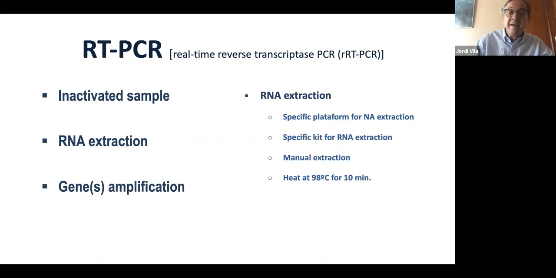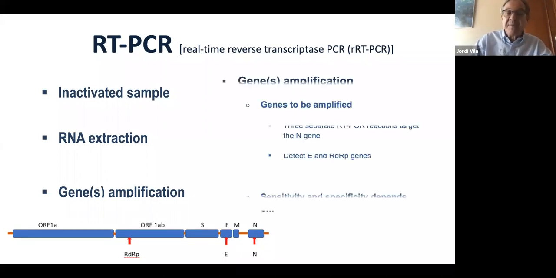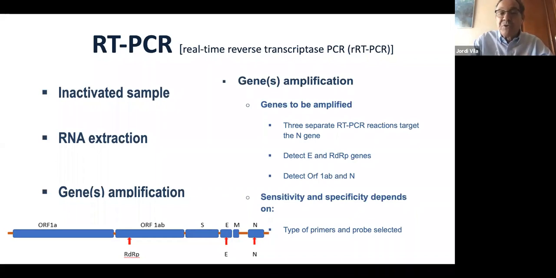Once the RNA has been extracted, we can amplify different genes. This is the RNA genome of the virus. It has several open reading frames, and there are several protocols to amplify different genes.